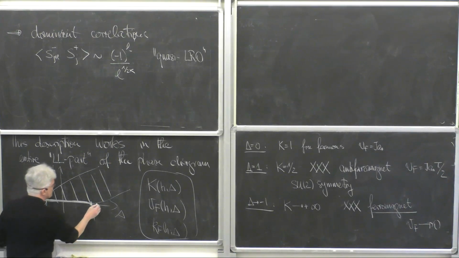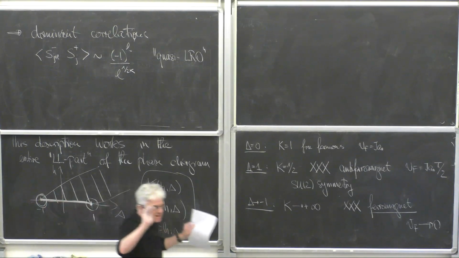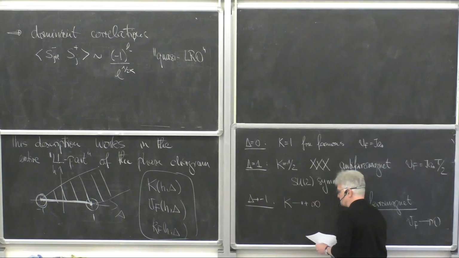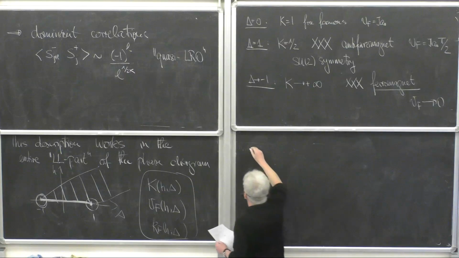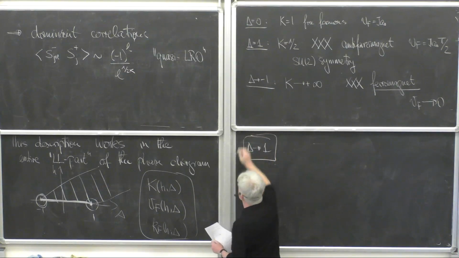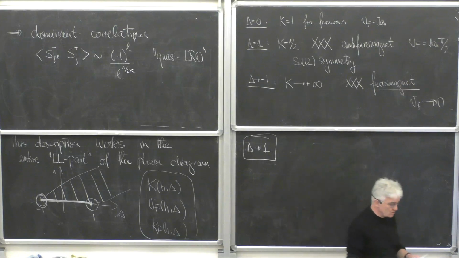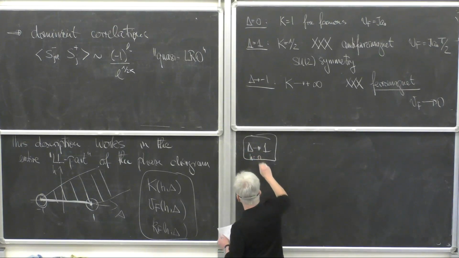I'm going to start with delta close to 1, and then I'm going to tell you something about delta going to minus 1, but that will be a little bit advanced. So delta goes to 1. This we can understand fully on the basis of what we have done. So H is still equal to 0.